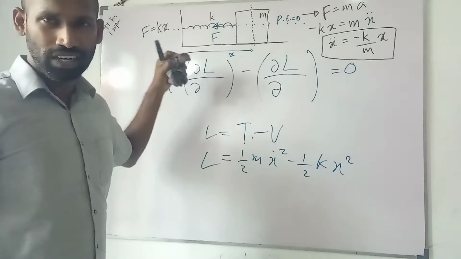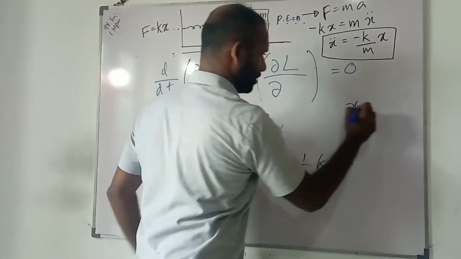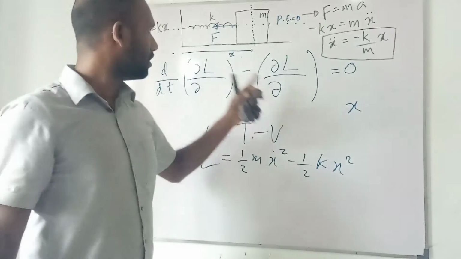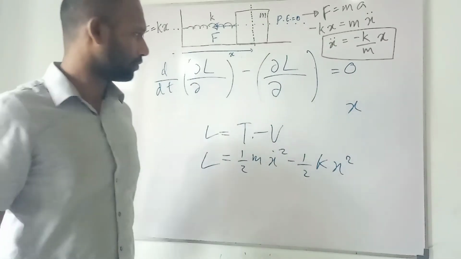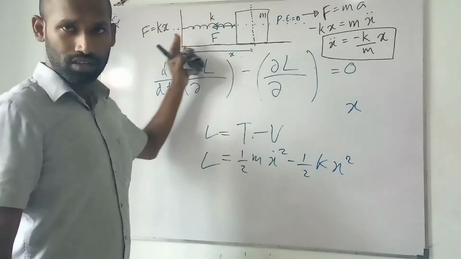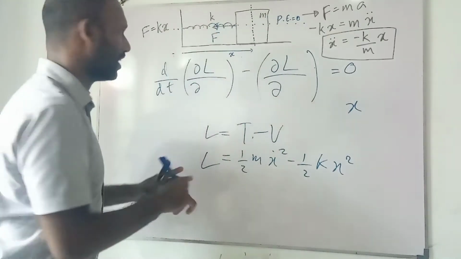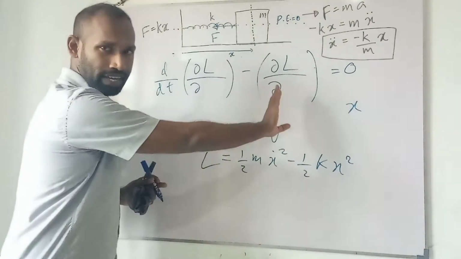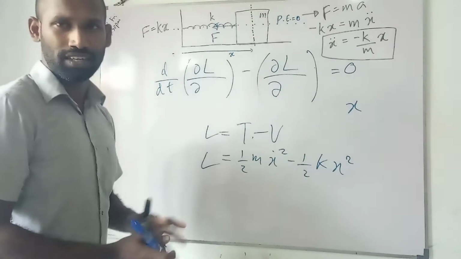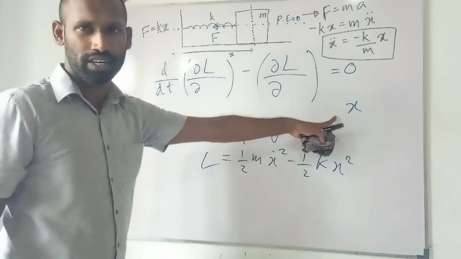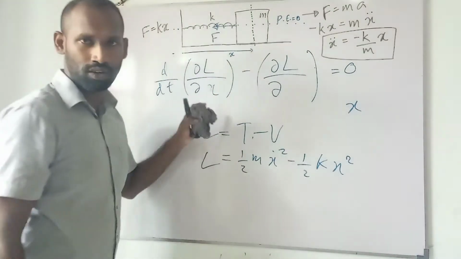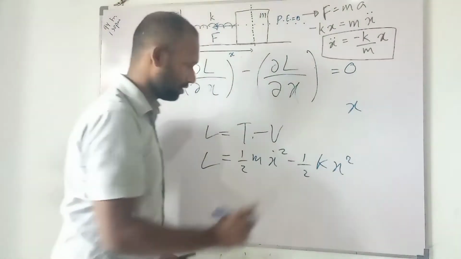Only the x coordinate describes this system. You can understand that. So only x describes this motion. So here the generalized coordinate is x. Here x dot and here x.